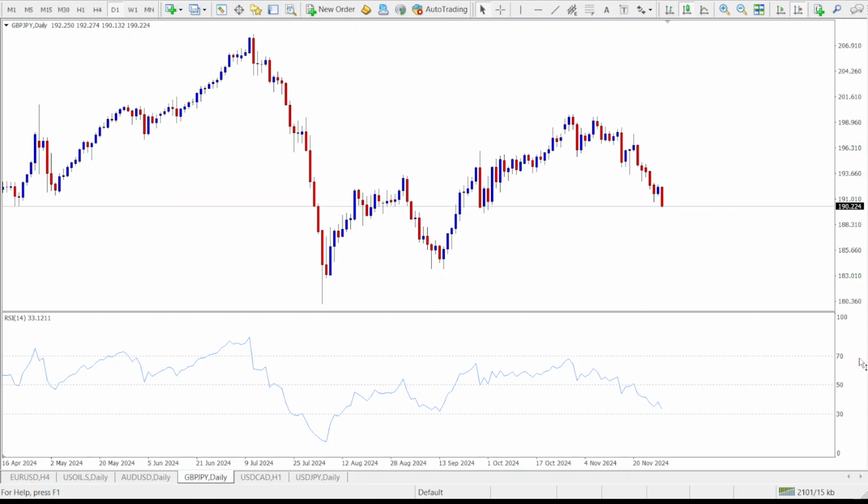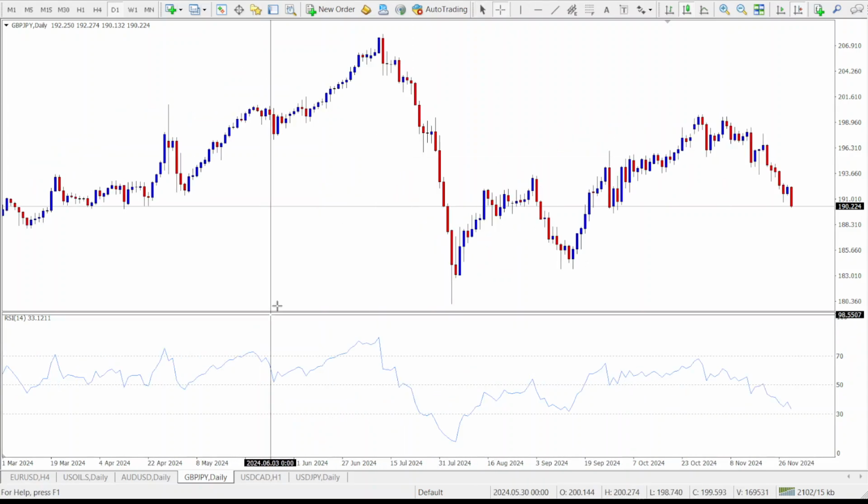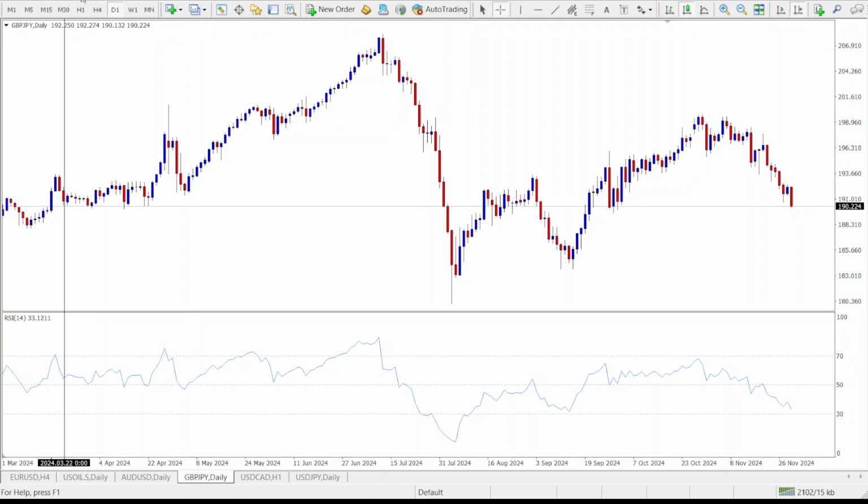Overbought and oversold conditions often indicate that a price move is reaching extremes. For example, we can see here when we had an overbought condition, the price of the asset was about to reverse. And in this case, when we had an oversold condition, the price of the asset was about to reverse as well.